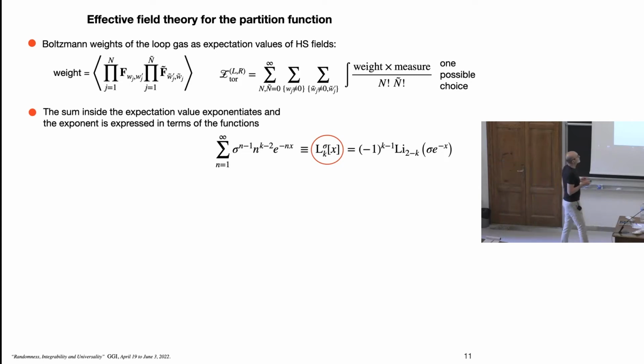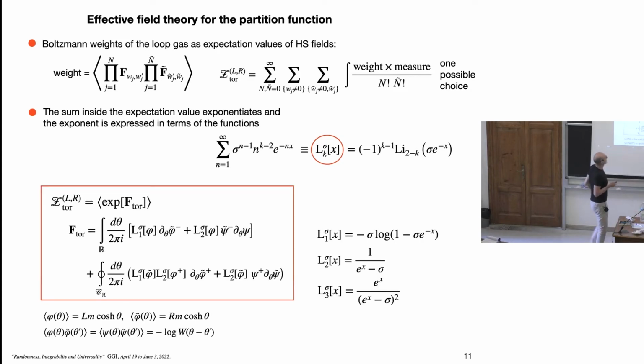So we do it introducing these functions, polylogarithms with negative indices. The first is just the usual logarithm, the second is this one, and the third is that. So when we sum over the winding numbers, we obtain the following effective action in terms of the auxiliary fields.